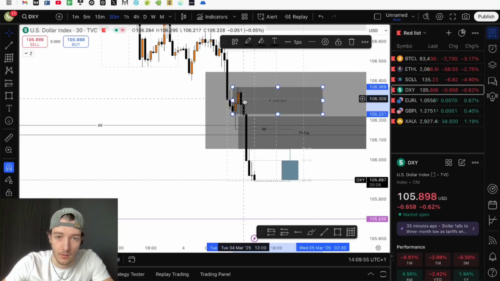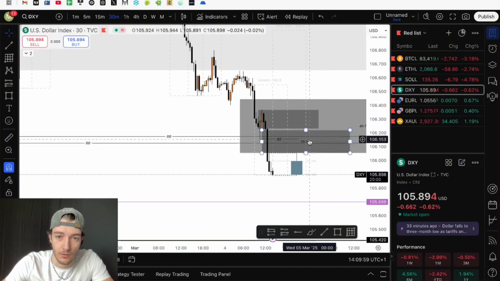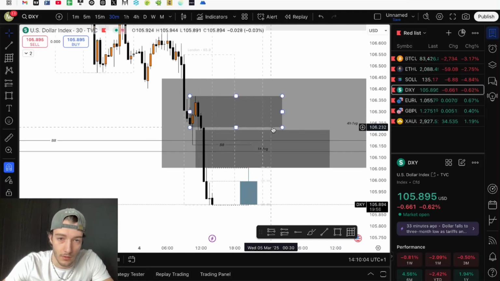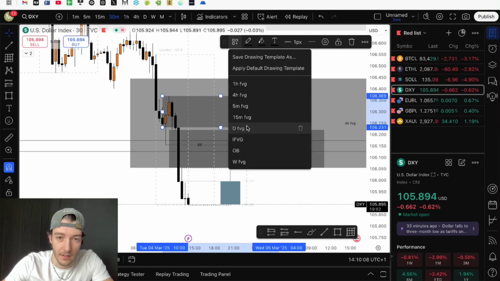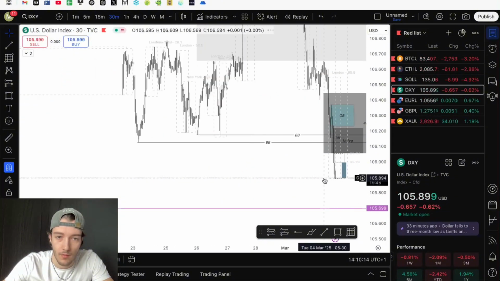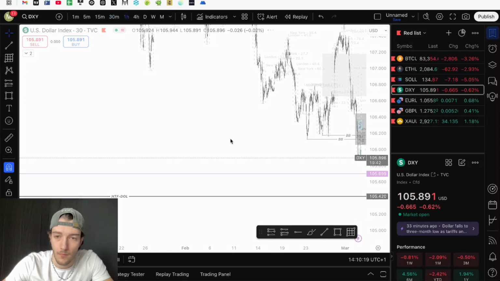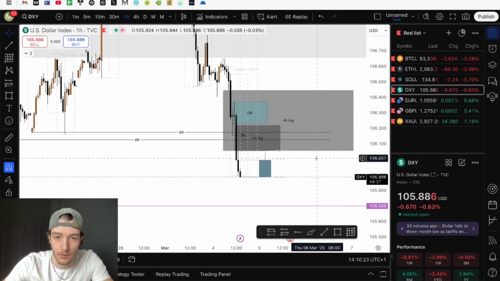If any candle closes inside this area, we might disrespect this 4 hour bearish fair gap and move Euro and GU lower. So keep an eye on that. But other than that, yeah, everything looks good so far. Looks very good, honestly.